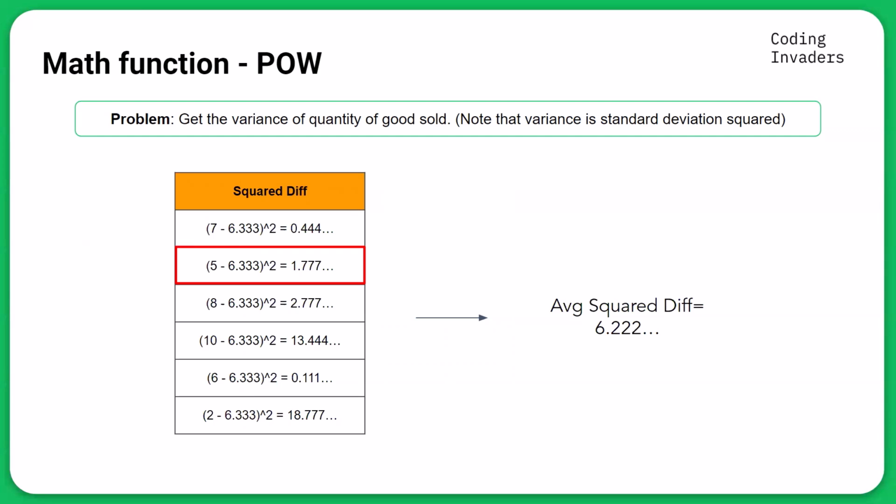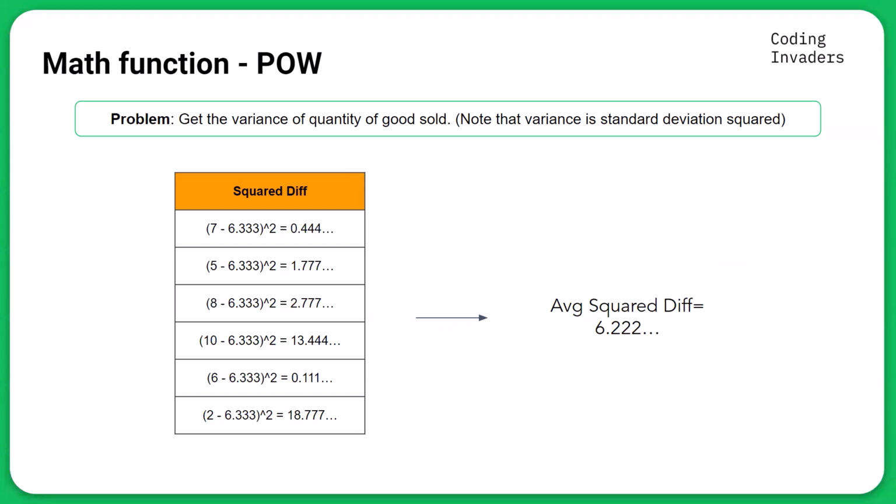And how did we get the average? By calculating the sum of the quantities divided by the total number of records or rows, which was 6 in our case. Then we square it and we get the output as 1.77. Once we got the square difference of all the quantity values, then we need to find the average of those square differences. That will result in the variance of quantity of goods sold.